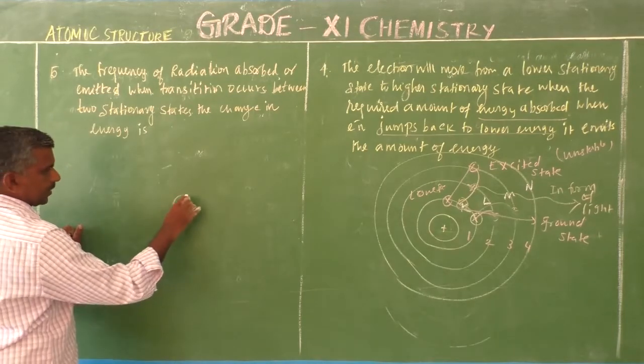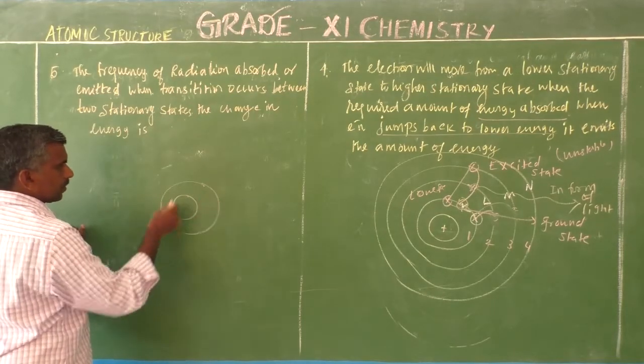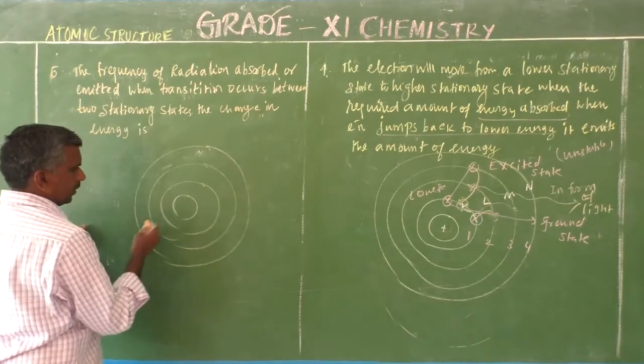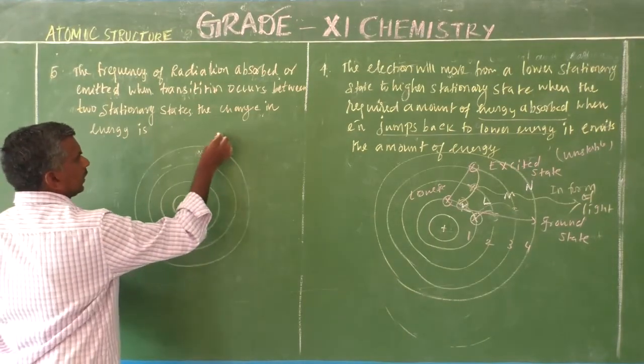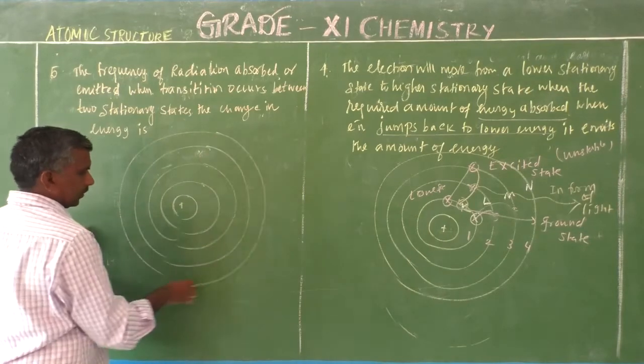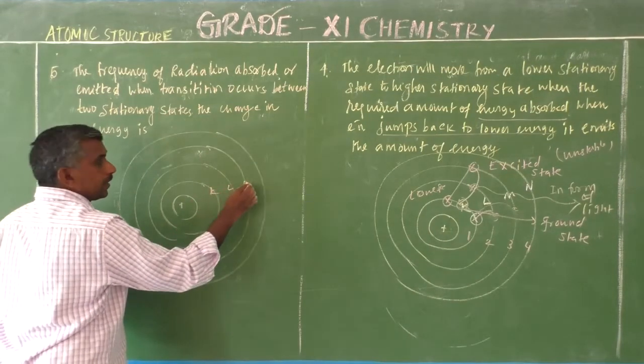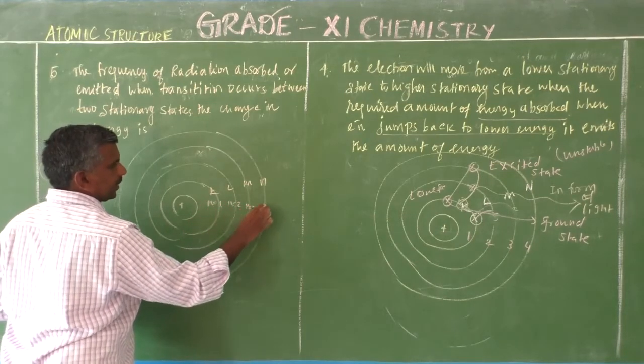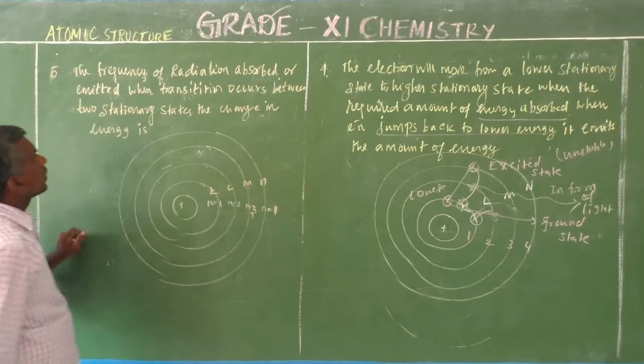Okay, now we see the fifth postulate. That is a nucleus, K cell, L cell, M cell and N cell. K, L, M, N cell is the first cell, second cell, third cell, fourth cell.